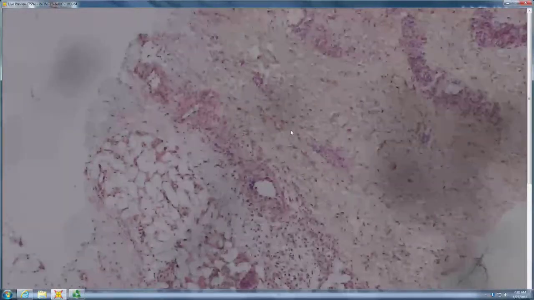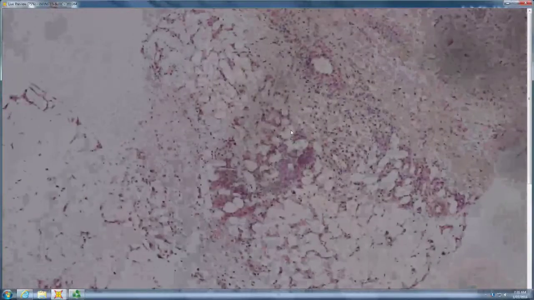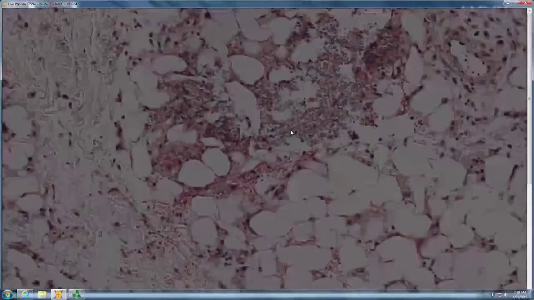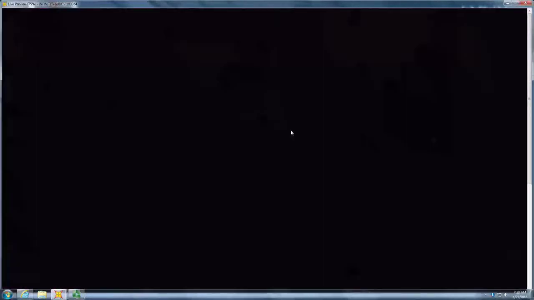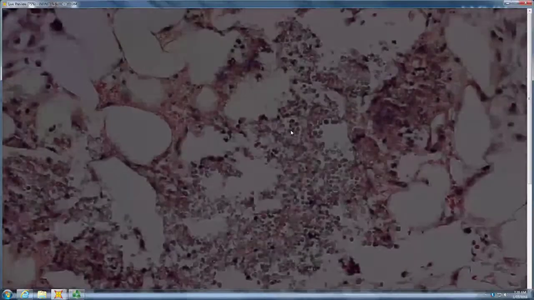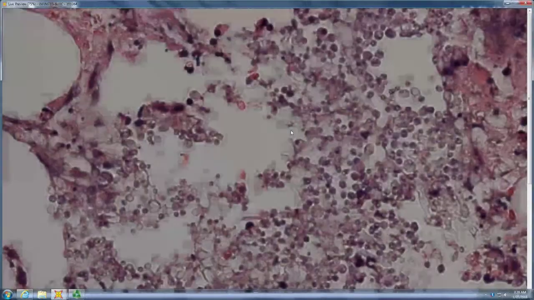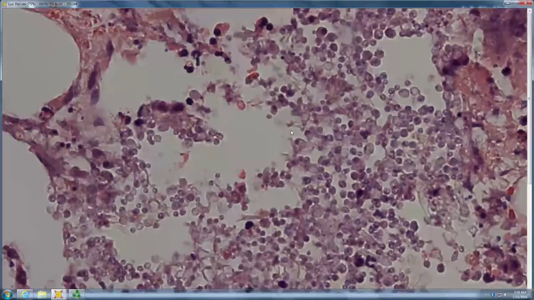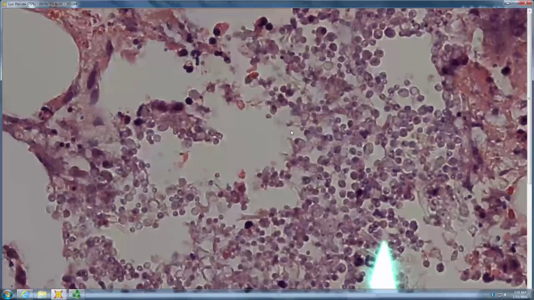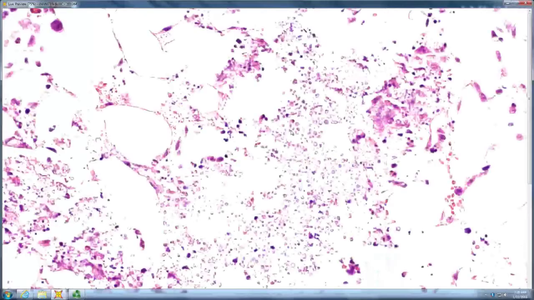So we have a pretty deep punch biopsy. I'm looking for. It kind of reminds me of pop beads, those little circular components.